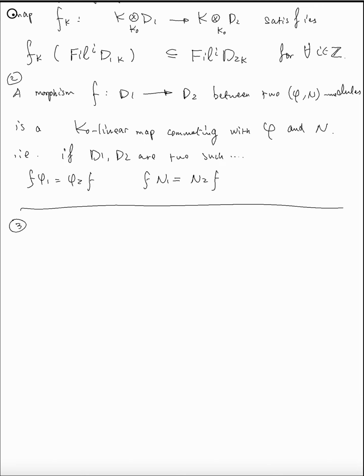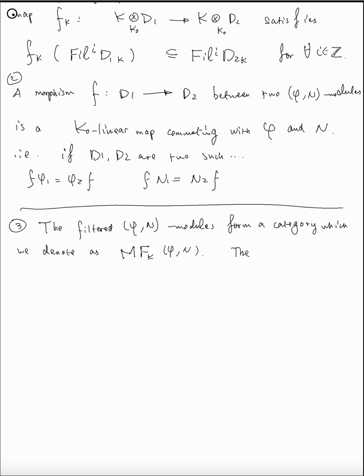Third remark, so I'm going to give a notation. The objects we want to talk about today, the filtered phi-n modules, form a category which we denote as MF_K^(phi,N), and the full subcategory of objects for which n equals 0 is denoted MF_K^phi.